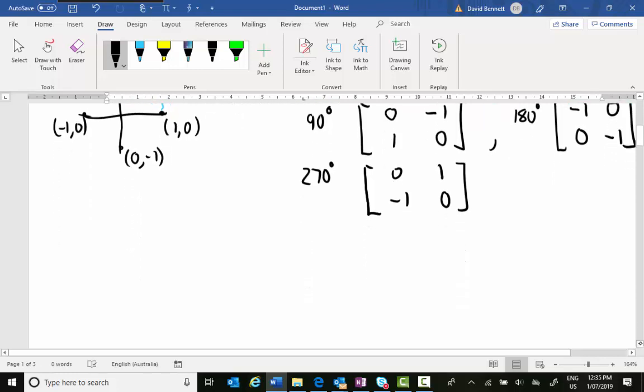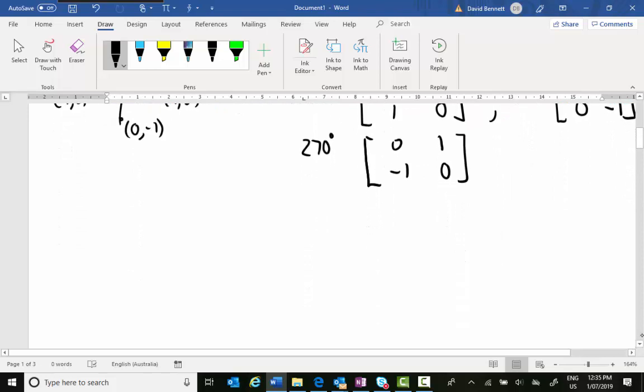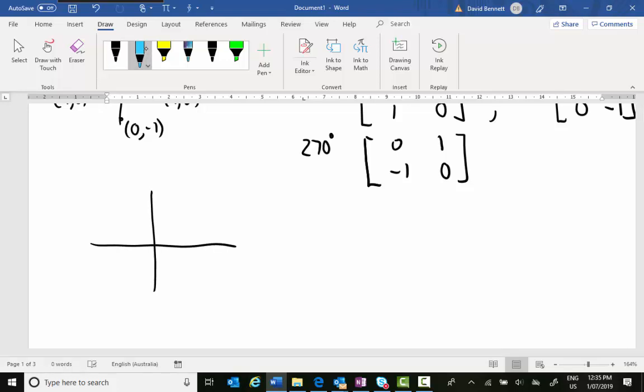So let's do an example really quickly. Let's say I was going to rotate a point, and let's make one up. Let's rotate the point (2, 1), and I'm going to rotate it 90 degrees, just for a nice simple example.